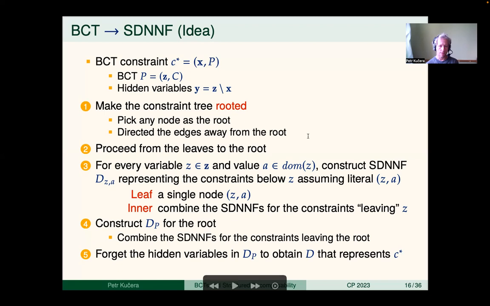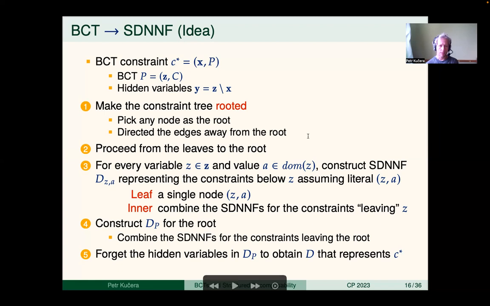So this is done in the following way. If Z is a leaf in the tree, then the DNNF is simply a single node that represents the literal Z=A. If Z is an inner node in the tree, then we combine the SDNNFs for the constraints leaving the variable Z in this tree.